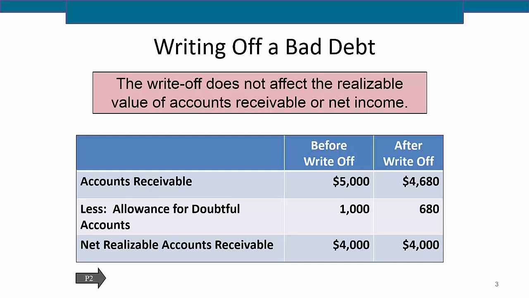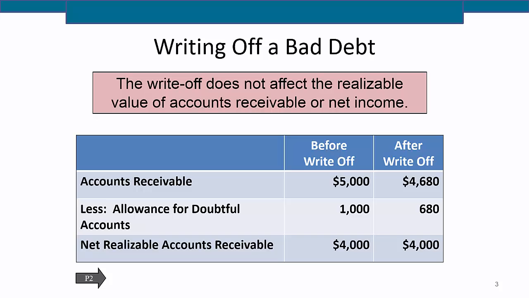I'd like to pause for a moment to make a point about how the matching principle works so nicely using the allowance method. Consider Barton Company balances in accounts receivable and the allowance that we used in the example on the last slide. Under the allowance method, the write-off of bad debts does not affect the realizable value of accounts receivable.